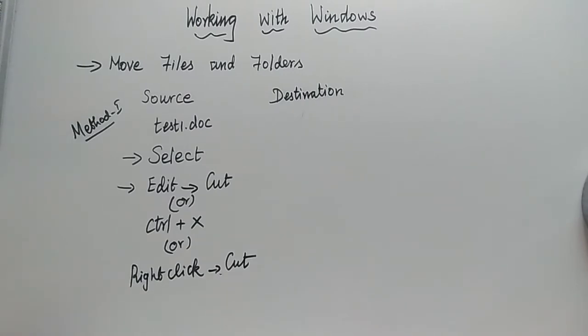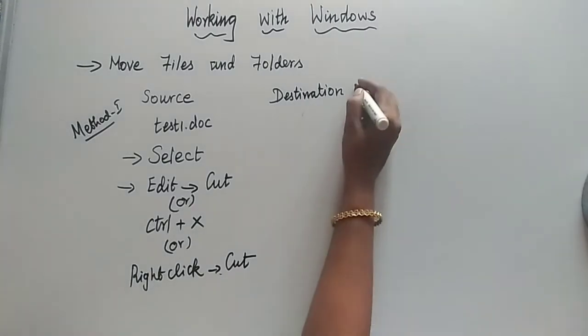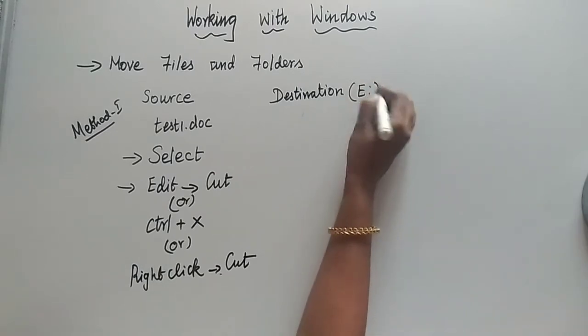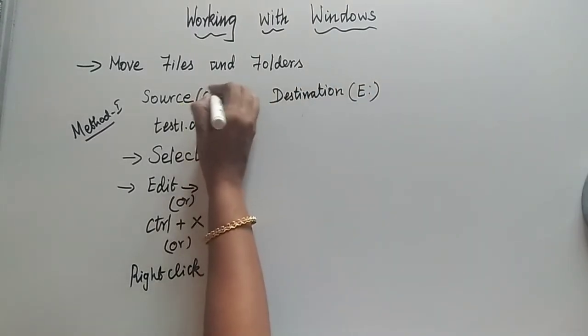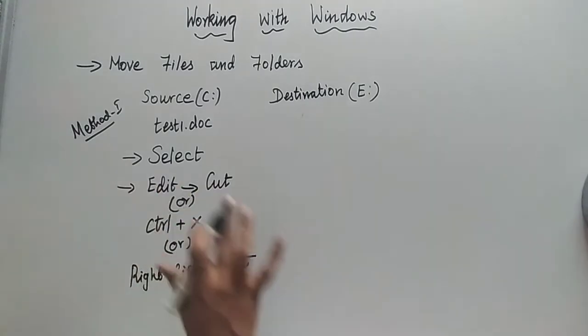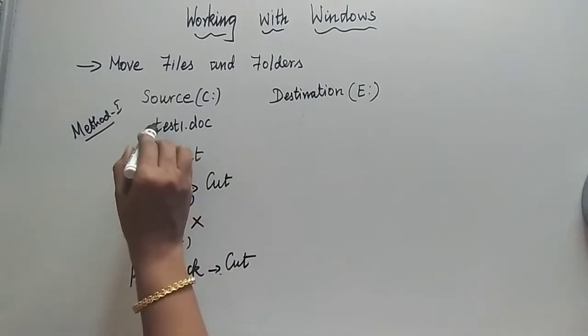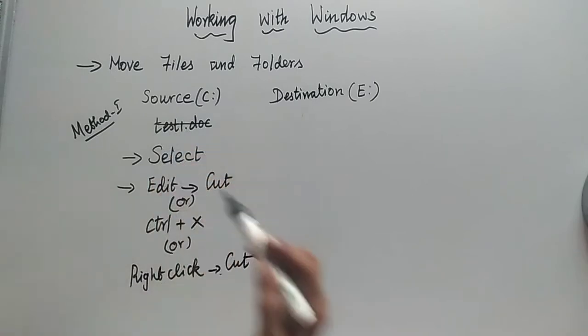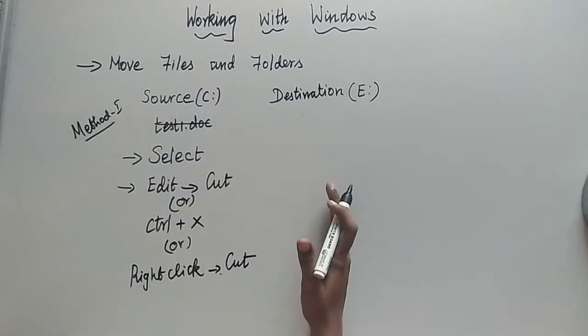Now you are moving to the destination, which is your E:. You have selected the place where you are going to move test1.doc. After performing the cut, it will not be seen here, and now you are in E:.